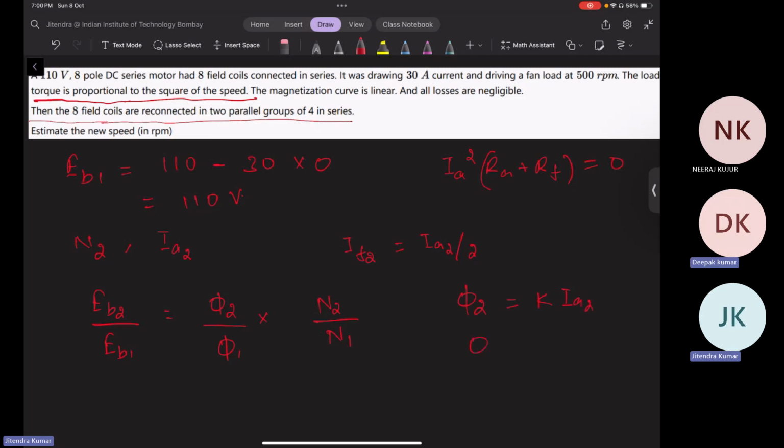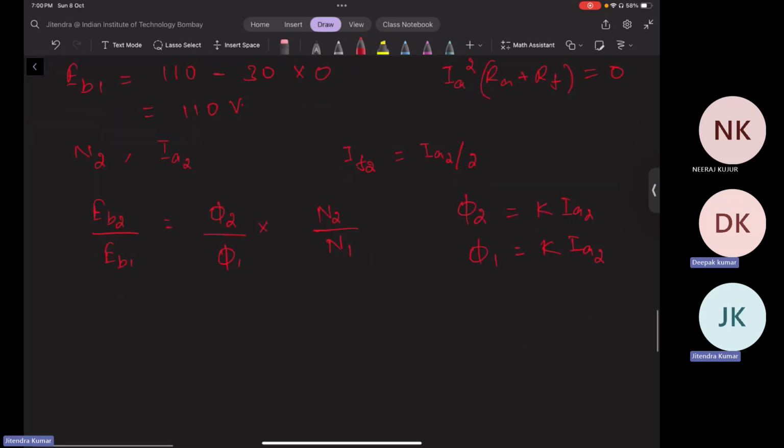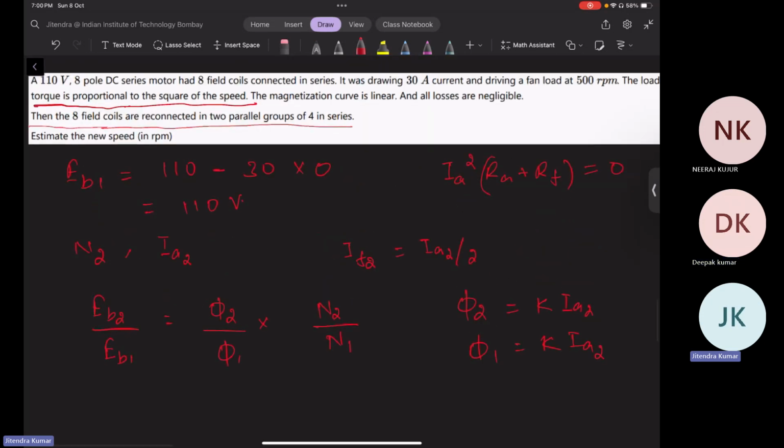Sir, in this case IA2 is not divided into two parts because we are connecting four coils in series in two groups of parallel. Yes, so IF2 is not equal to IA2 by 2. Why? So, what should it be?